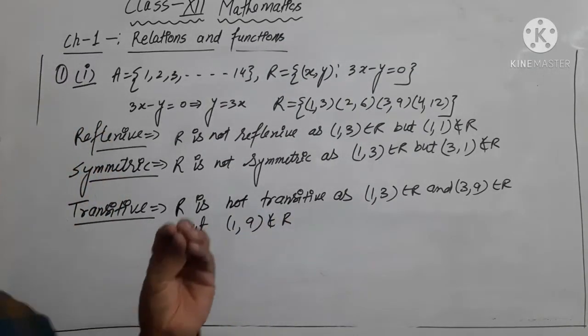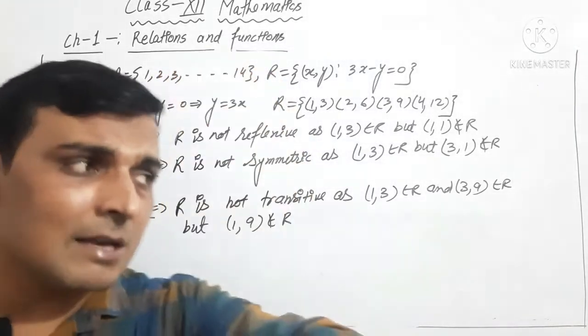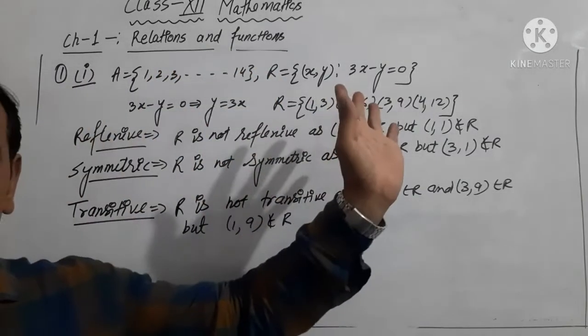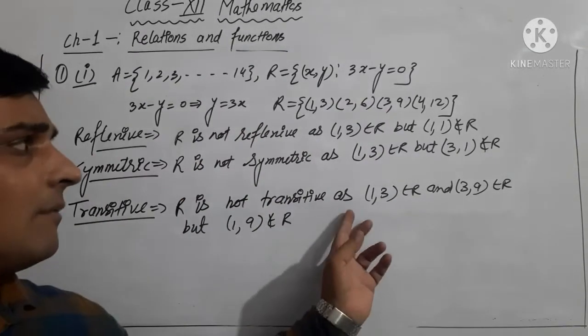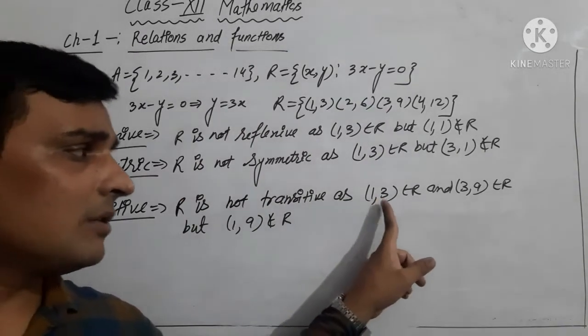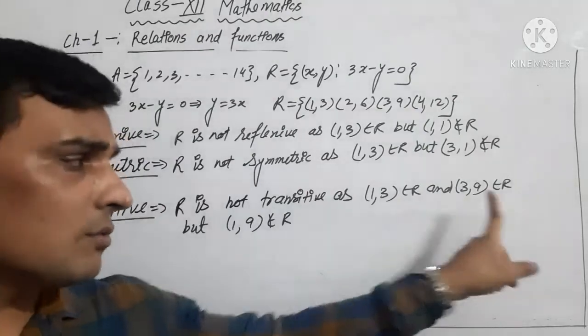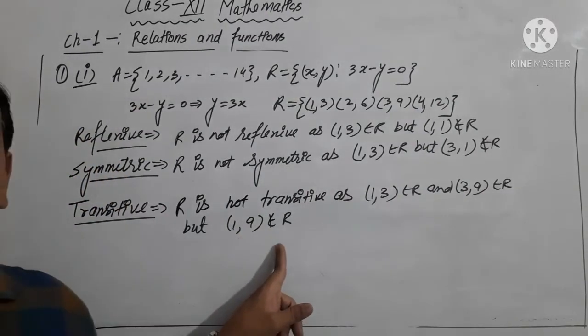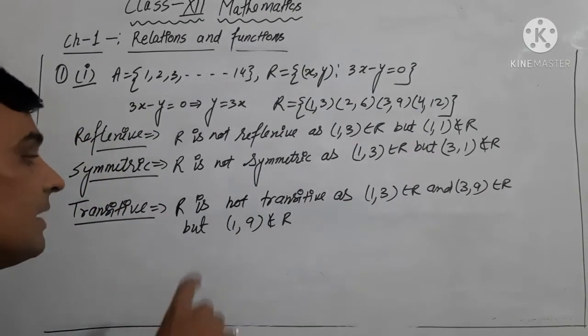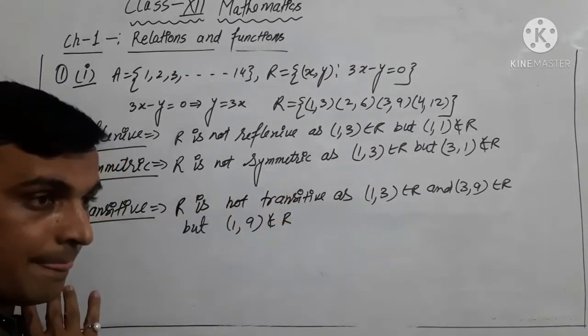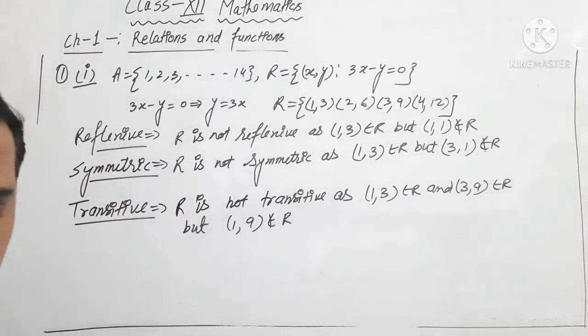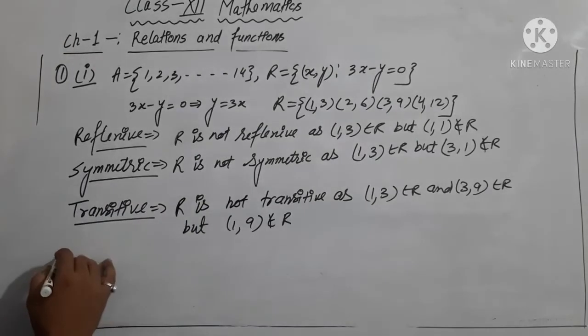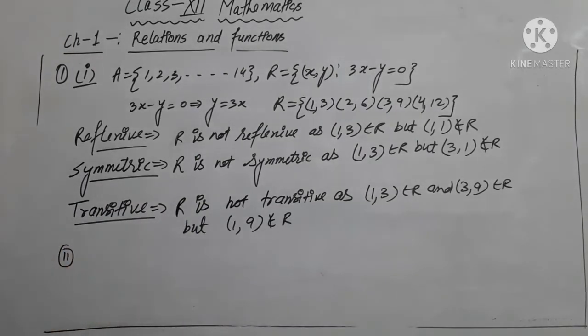If the condition fails, then we have to give only one example for which the condition fails. And we have an example for which the condition fails. 1 comma 3 belongs to R, 3 comma 9 belongs to R, but 1 comma 9 does not belong to R. This implies that R is not transitive. Clear?